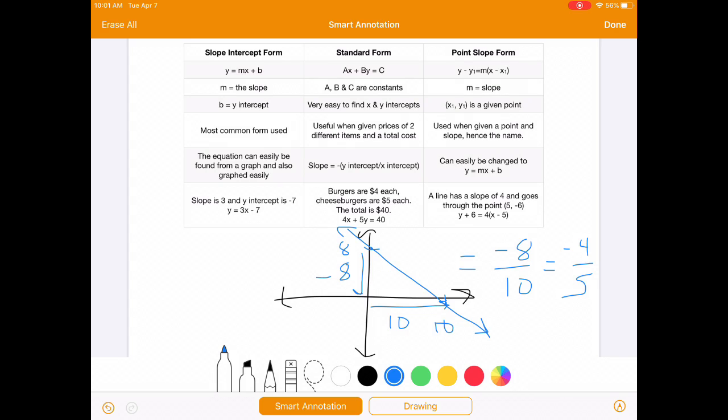So if you look at kind of finding the slope, if you take the opposite of the y-intercept over the x-intercept, you will give the slope. Now, please don't look at this 4 and 5 as a shortcut. This is just a mere coincidence here.